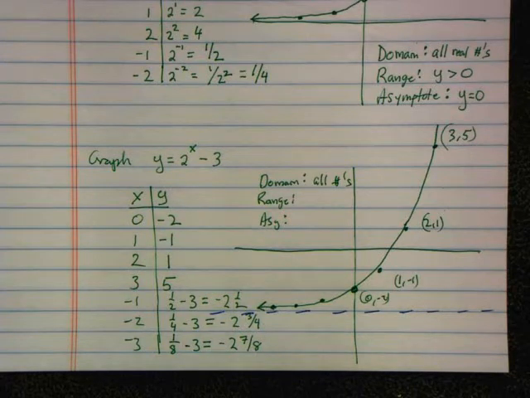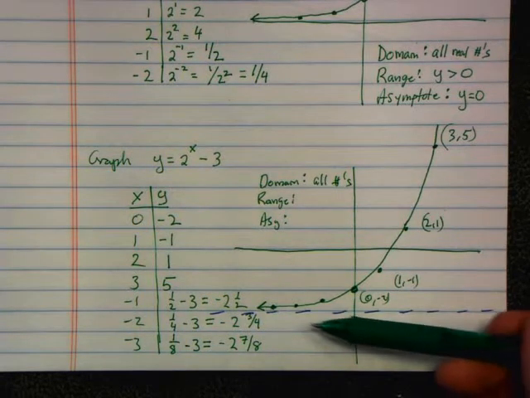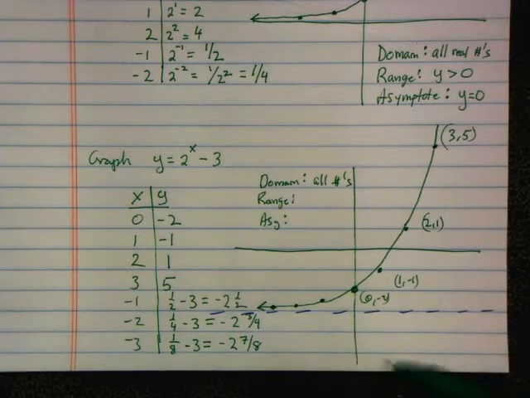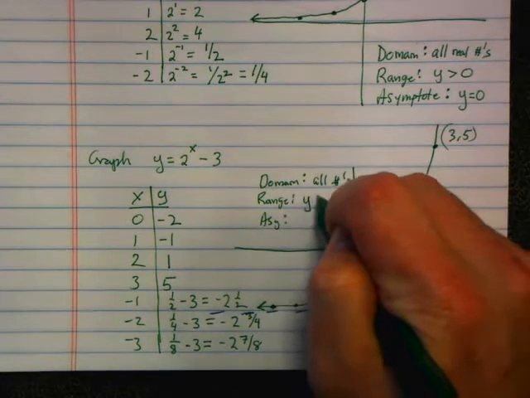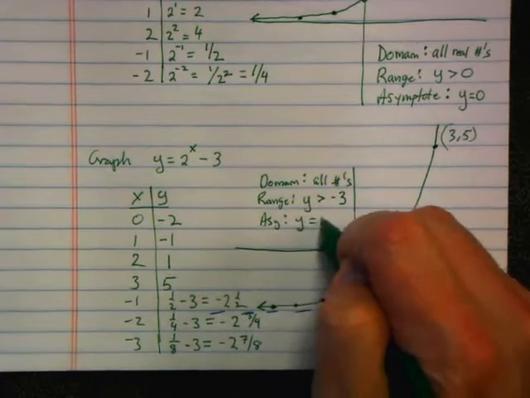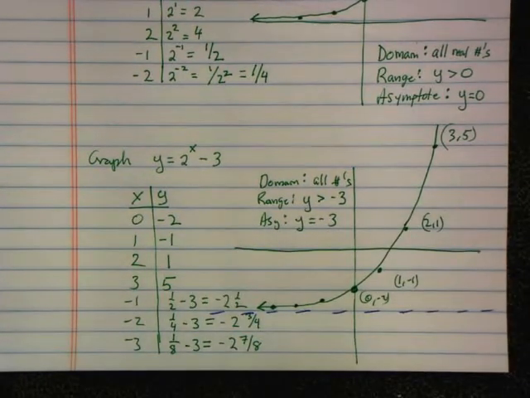All of them as well? No, I don't think so. It's never going to go down below negative 3, is it? Y is greater than negative 3. I can never hit negative 3, because I can never hit that asymptote. I can never go below negative 3. So it's just y is greater than negative 3. And the asymptote, we already answered that question. Y equals negative 3.